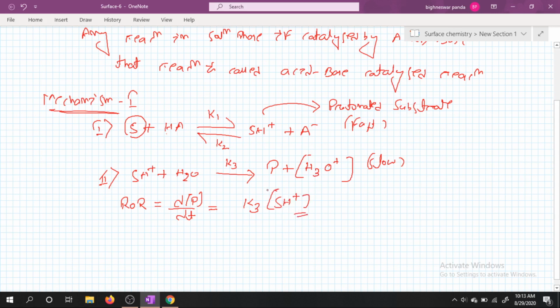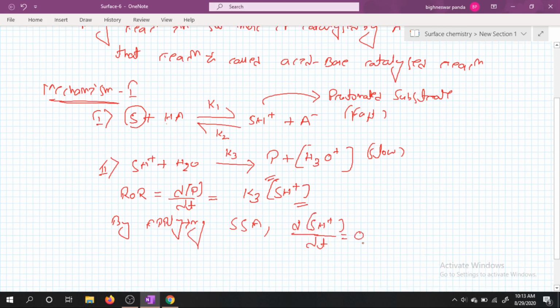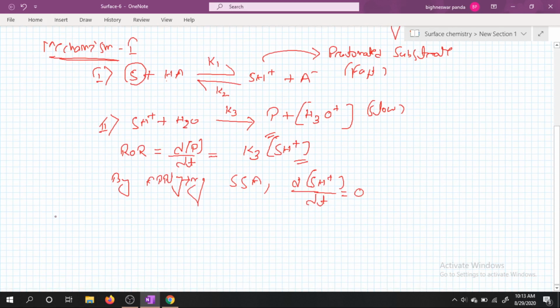Since SH plus is an intermediate and it appears in three reactions, forward, backward and this reaction, here by applying SSA, I can write d[SH plus] by dt equal to 0, equal to the total change in concentration in all three reactions.